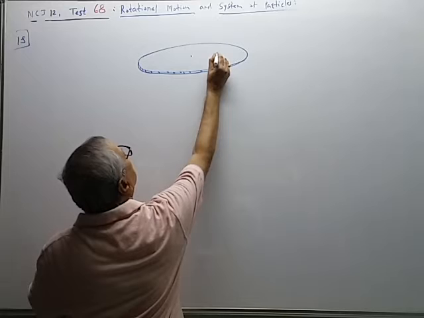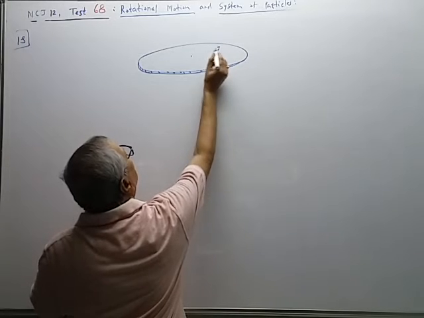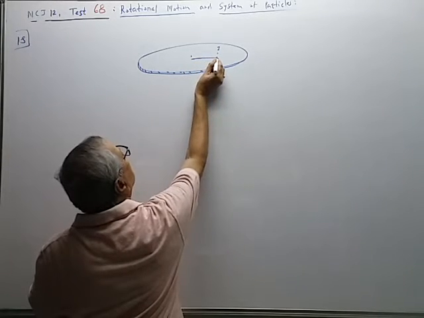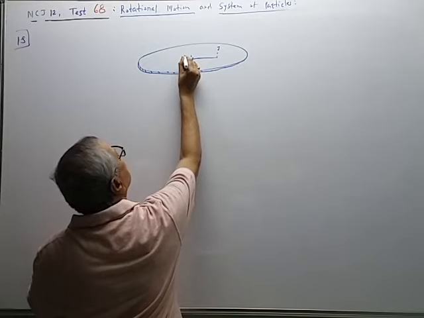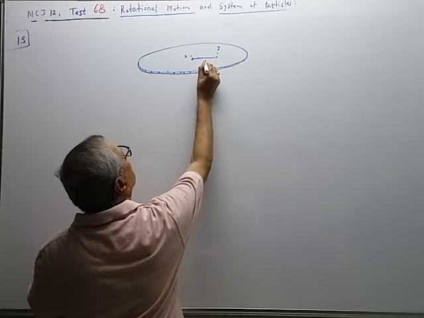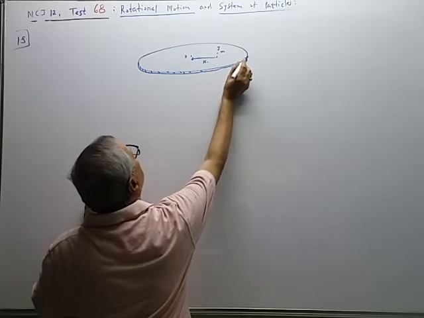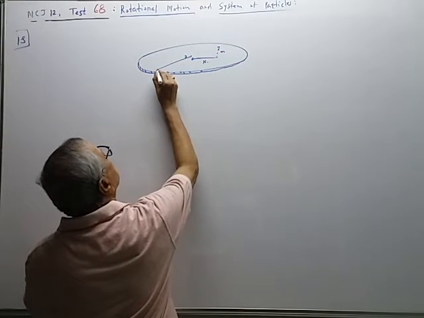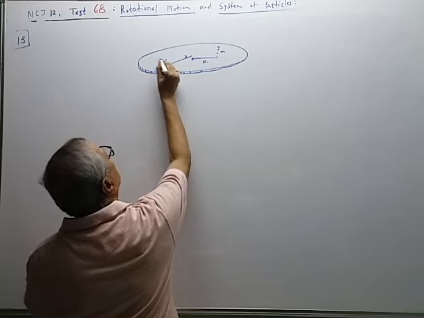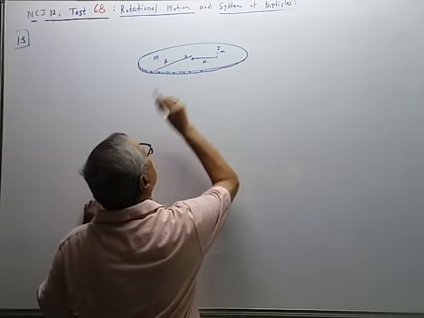This is the insect. Its distance from the center is x. Mass of the insect is small m. Radius of the disc is R. Mass of the disc is capital M.